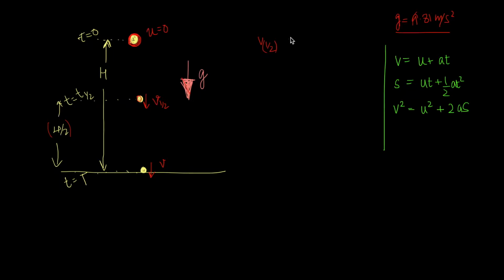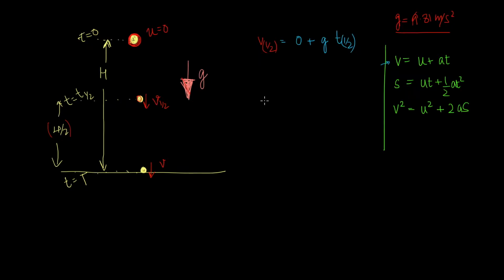So in order to do that, if we employ the first equation, we get v 1/2, or this velocity here, would be the initial velocity, which was 0, plus acceleration, which was g, and the time that it had taken for the height of h by 2, and that would have been t 1/2.